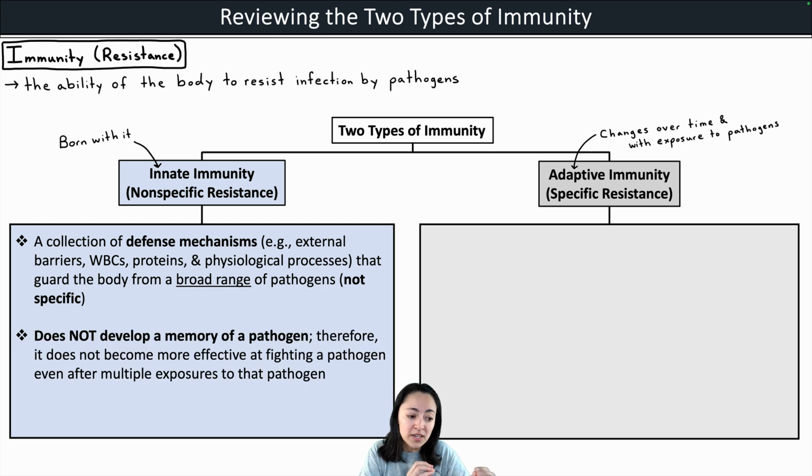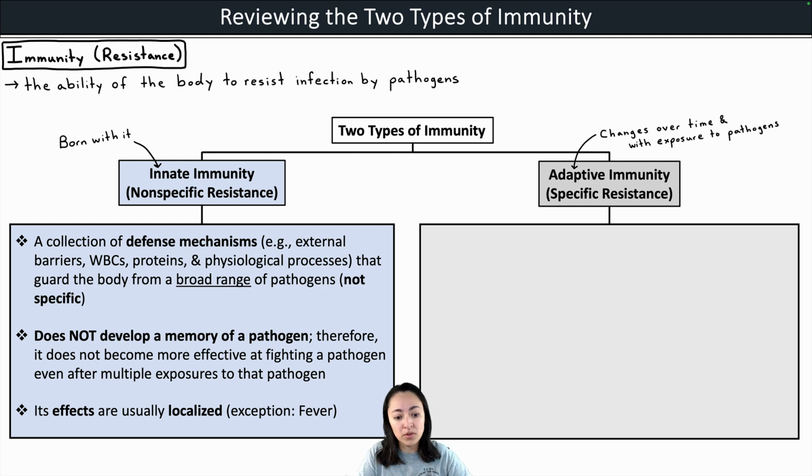Our innate immunity and these mechanisms do not develop a memory of a pathogen. Therefore, it does not become more effective at fighting a pathogen even after multiple exposures to that pathogen. Also, the effects of our innate immunity tend to usually be localized. An exception to that would be fever, which is more systemic.